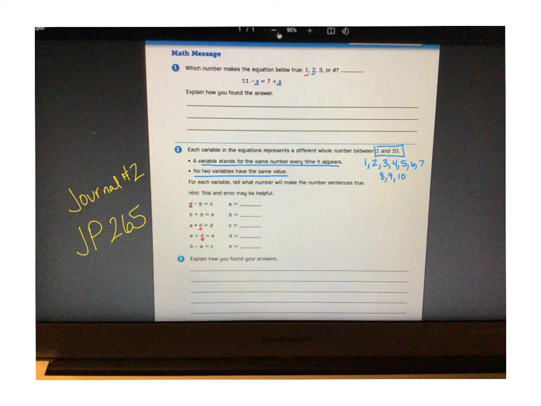So you have to use your math knowledge and look at all of these equations, and figure out what the value is for A, B, C, D, and E, so that when you plug them into these equations, you're able to solve all of them correctly. Give it your best shot.